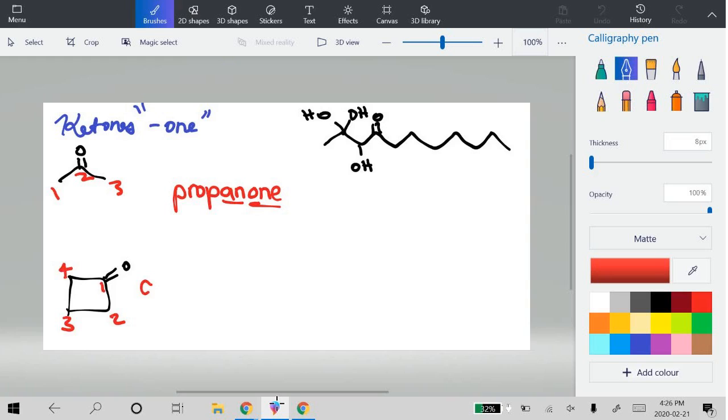So cyclo for cyclic because it's in a ring, and but for 4, an and one. And again, I don't have to number this one because 1 will always be on the carbonyl because it's highest priority, and I don't have any other substituents around it.